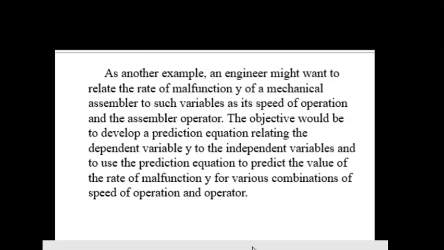Another example, let's say there's an engineer and he wants to relate the rate of malfunction y of a mechanical assembler to variables such as speed of operation and assembler operator. So again, we are trying to come up with a prediction equation for this dependent variable, which is rate of malfunction, and the equation contains the independent variables, which are speed of operation and operator type.